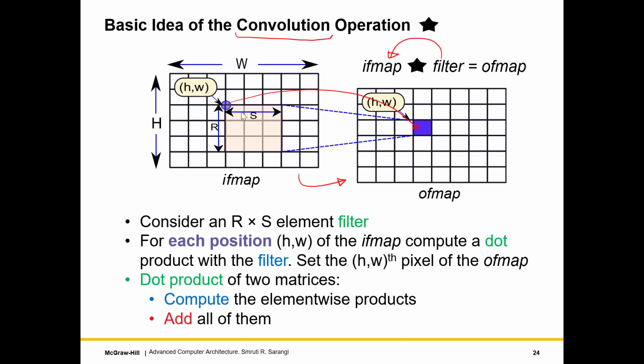So what do we do? We compute 9 pairwise products, the value of the filter and the value of the IF map pixel underneath it, and so on. We add them and this becomes the final result. So for each position h, w, we are computing a matrix dot product, a pairwise product and sum, and we are setting the (h, w)th pixel in the OF map.